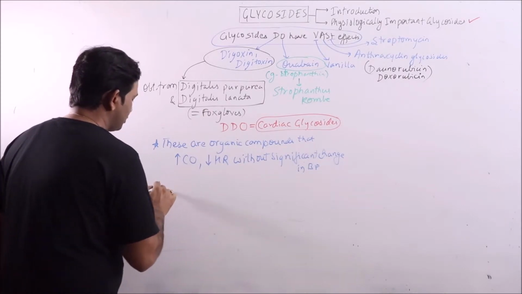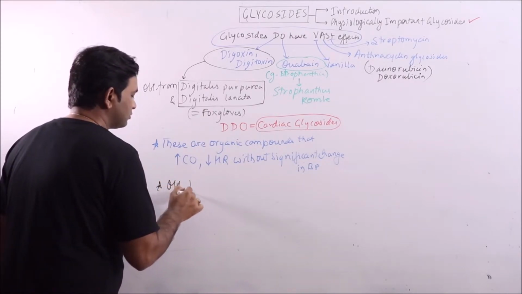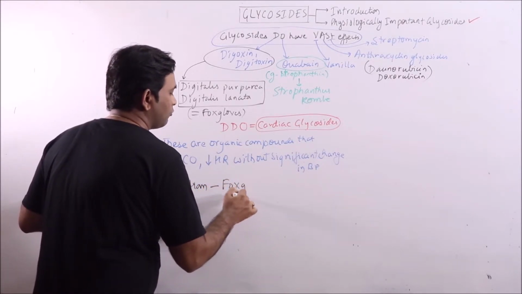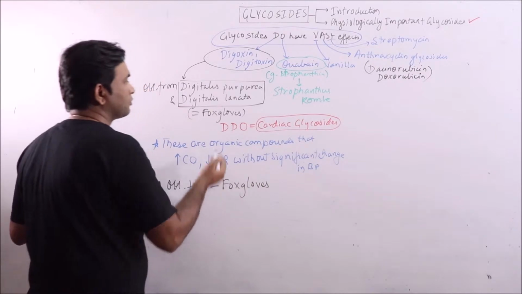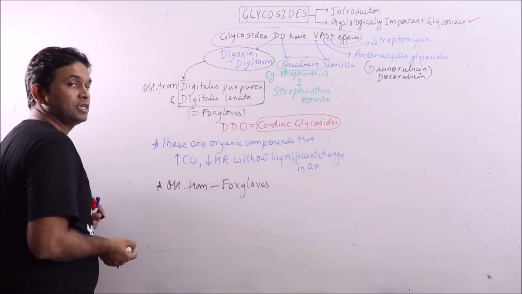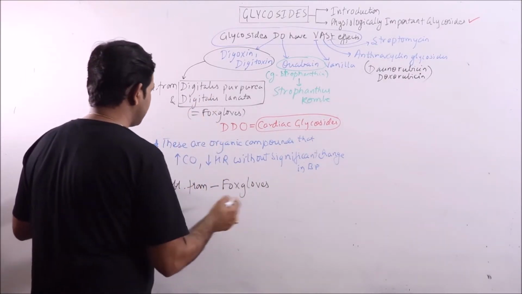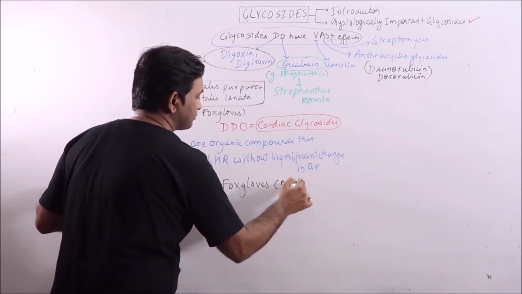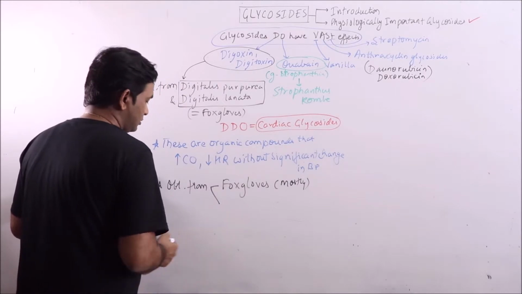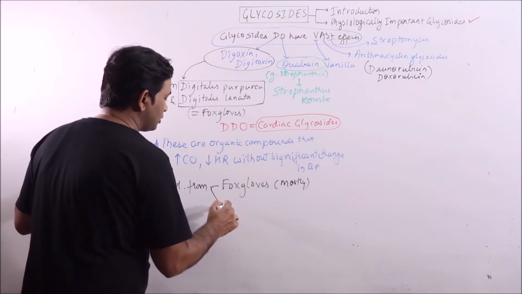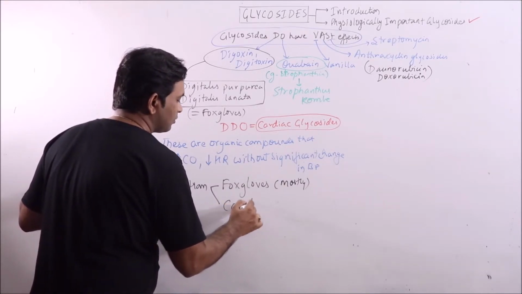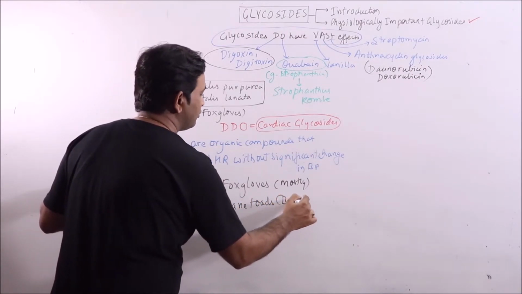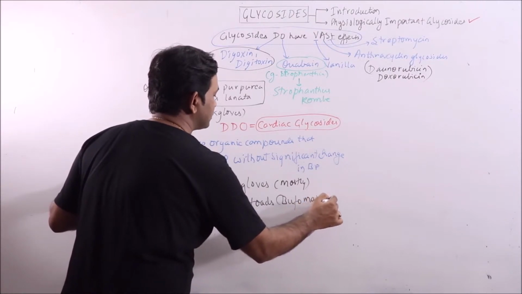Commercially, these are obtained from foxgloves. We know that the members of genus Digitalis are known as foxgloves, mostly. While some of the cardiac glycosides are also obtained from cane toads. These are Bufo marinus.